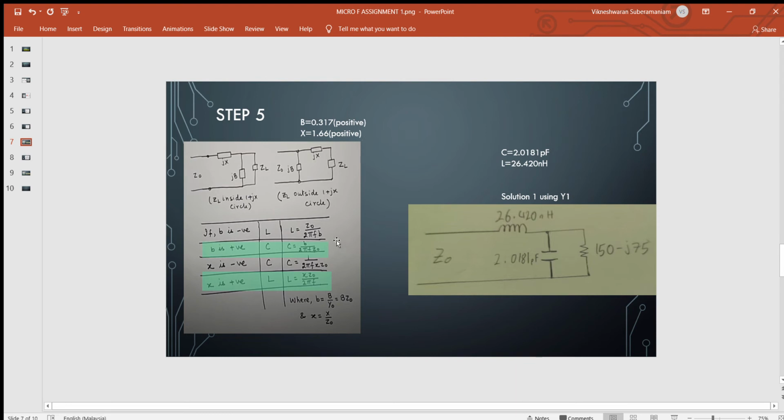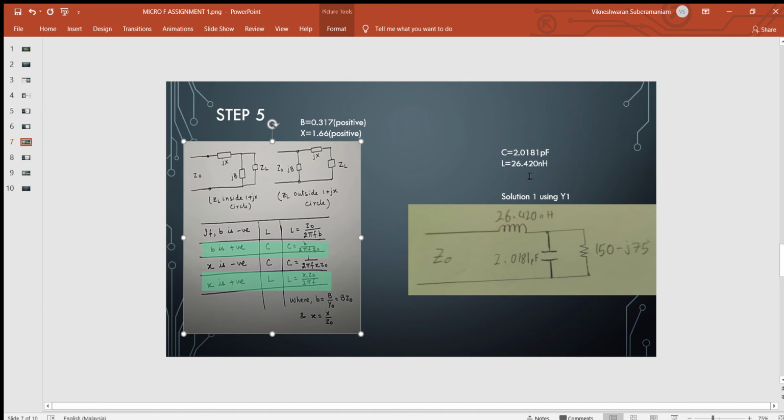From the notes I have given here, focus on the highlighted part: when b is positive we use this formula, and when x is positive we use this formula to find the capacitance and inductance. With those formulas, I have successfully found the capacitance and the inductance.